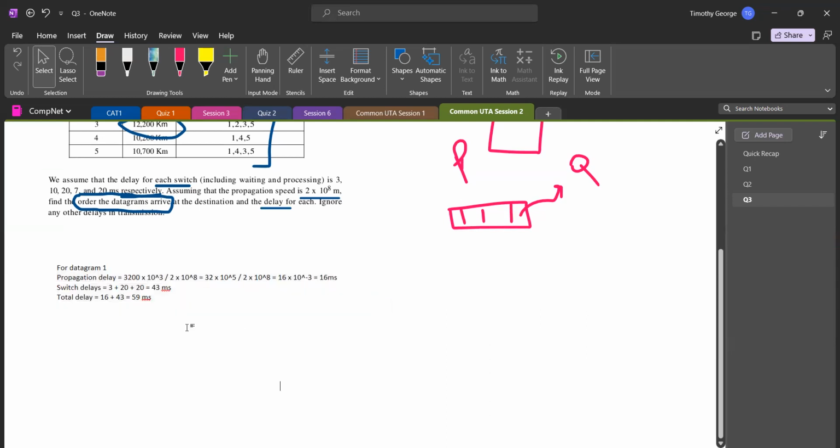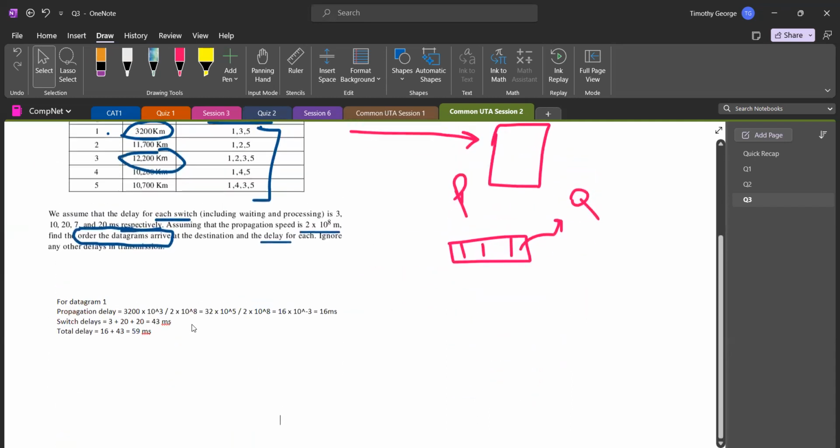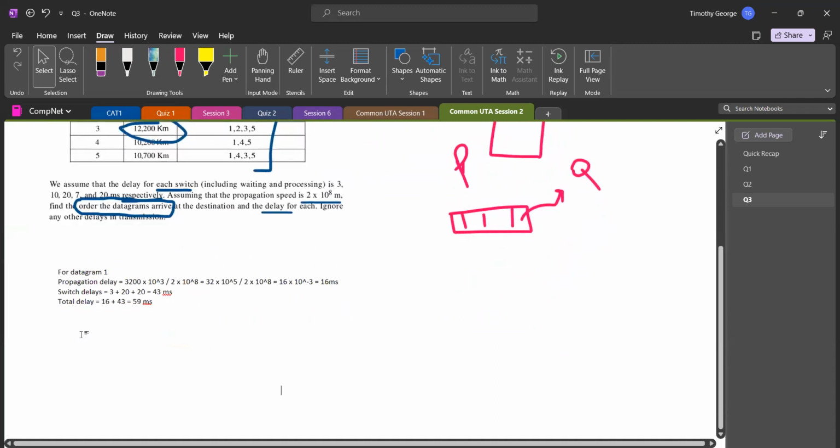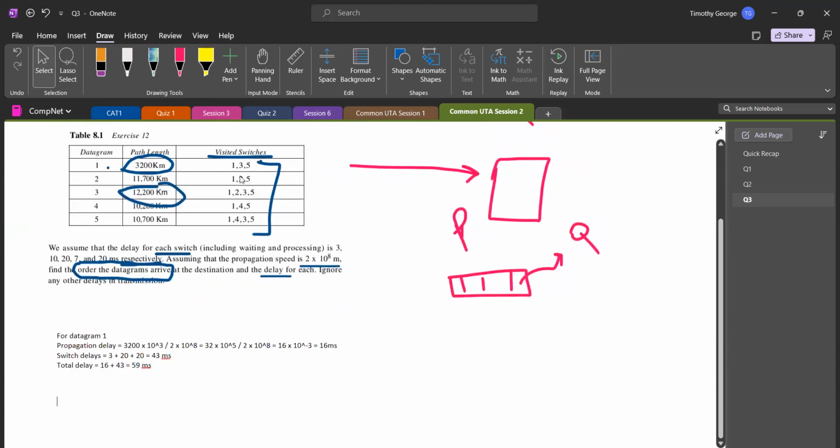Simple. So I think we have to calculate for all. Let's quickly calculate. The second and third ones are all going to be in the same format.